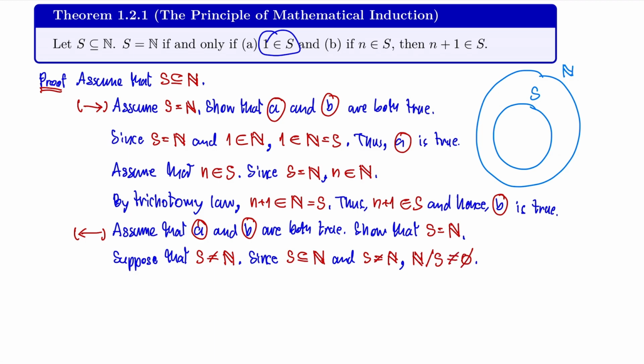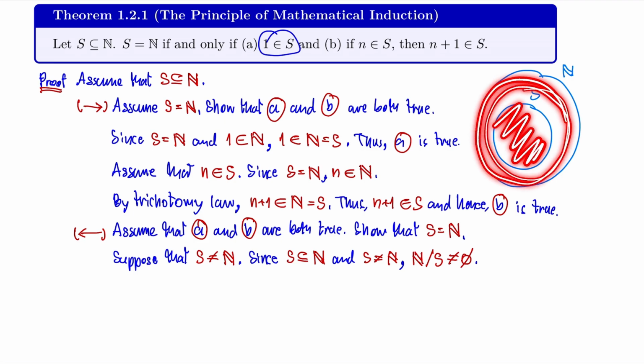Okay, so it's not the empty set. It's not the empty set. And set N excluding S, how do we say it? N minus S, okay? Set N minus S, exclude all this. We have many elements.